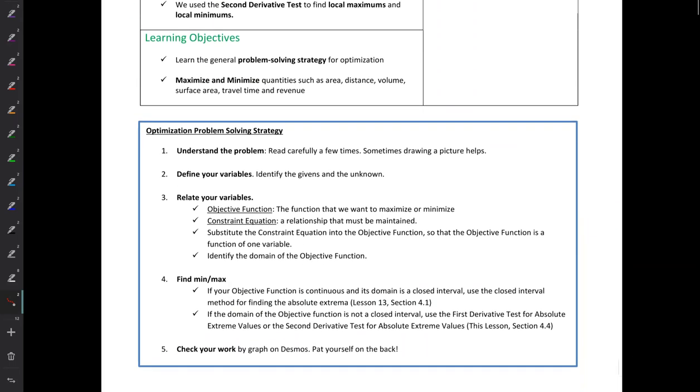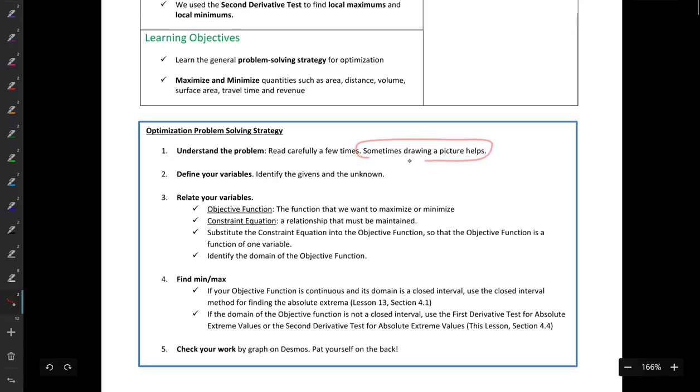So here is our strategy. And I've tweaked it a little bit different than our textbook, but they're essentially the same. Optimization. So first, anytime with a word problem, you always want to read it a few times, take the pressure off yourself to instantly know how to do the problem. Just make sure you understand what it's giving you and what it's asking you to find.